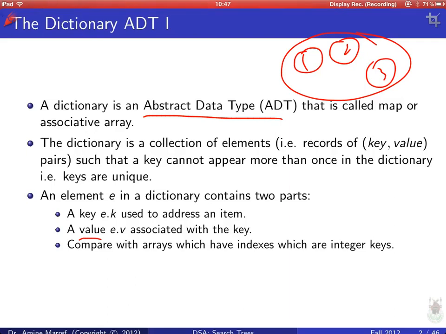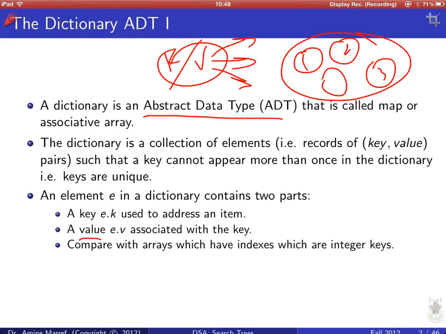So a dictionary is a collection of elements. Each element has a key that we use to identify the element, and a value, which is whatever is remaining. Now, with this collection of elements, we are interested in doing three operations.